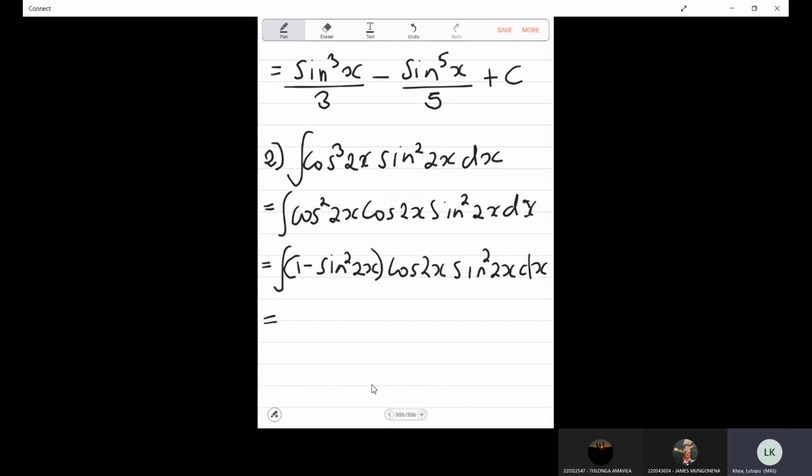And then we multiply out the brackets. For the first term, I have sine squared 2x times cos 2x. And then the second term, I have sine to the power of 4 of 2x multiplied by cos of 2x. And then your dx must be there.